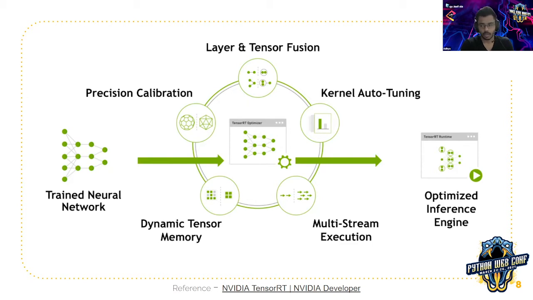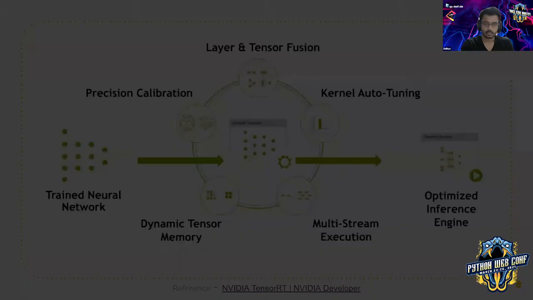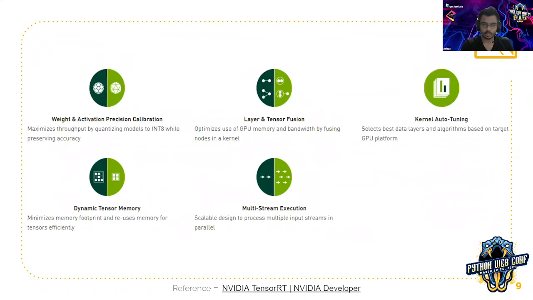So if you are generating an engine on suppose RTX 2080 Ti, you cannot use that engine on any other GPU. You will have to go with RTX 2080 Ti's only. So it is specific to machine, and that is because of the certain optimizations that it does. So that is one thing that we'll focus on about TensorRT.